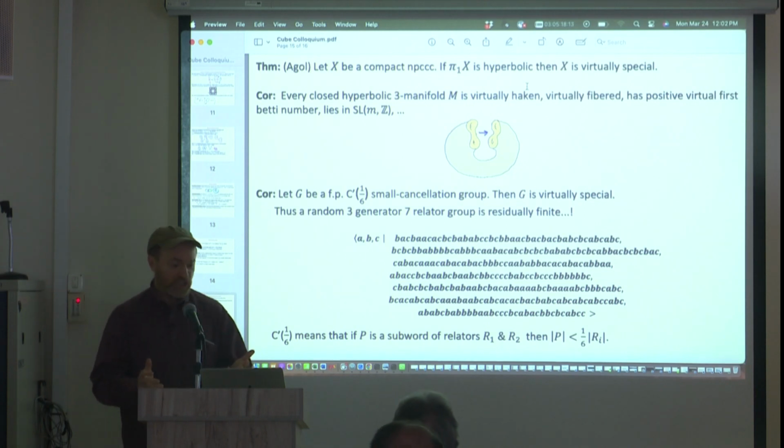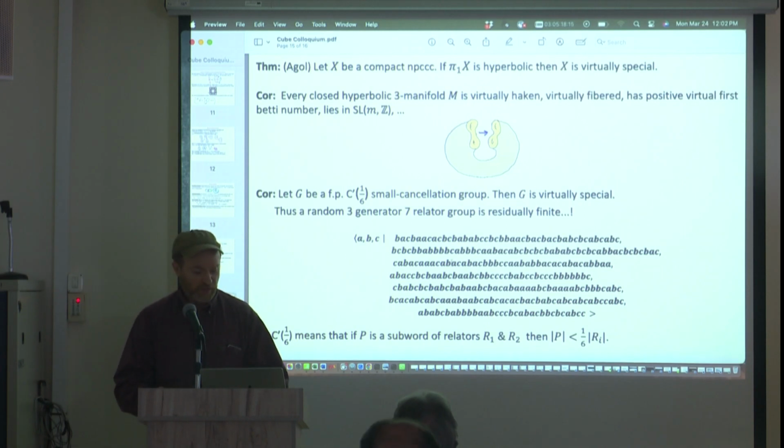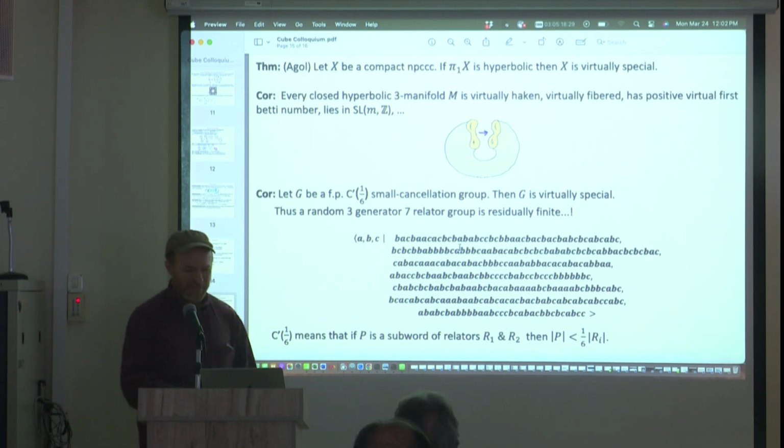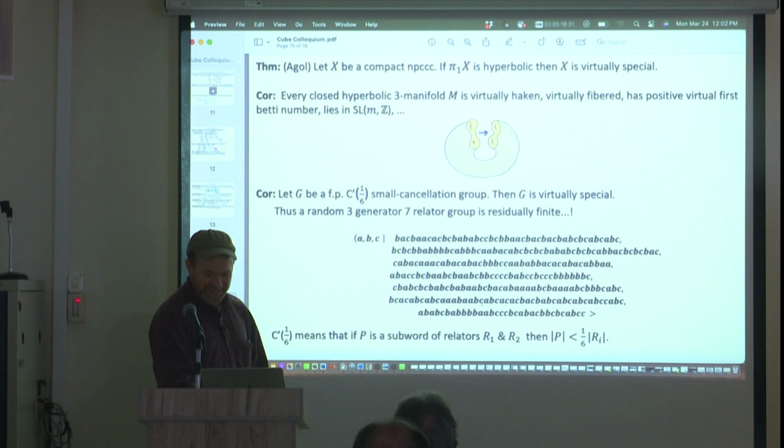But the strange situation now is that if you take a random group like this one over here, I know it's random because I did this on the bus. I put my fingers on the keyboard and I went with the bumps. The only thing not random about it is that there aren't any inverses, but otherwise I randomly generated this, and I could tell you that I know how to cubulate it because it's small cancellation.